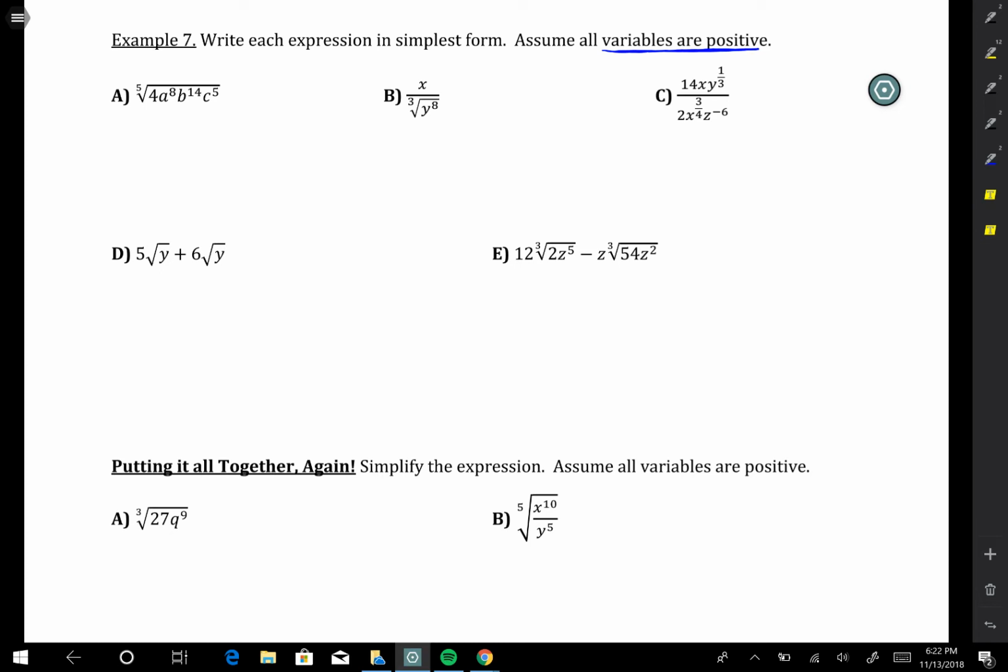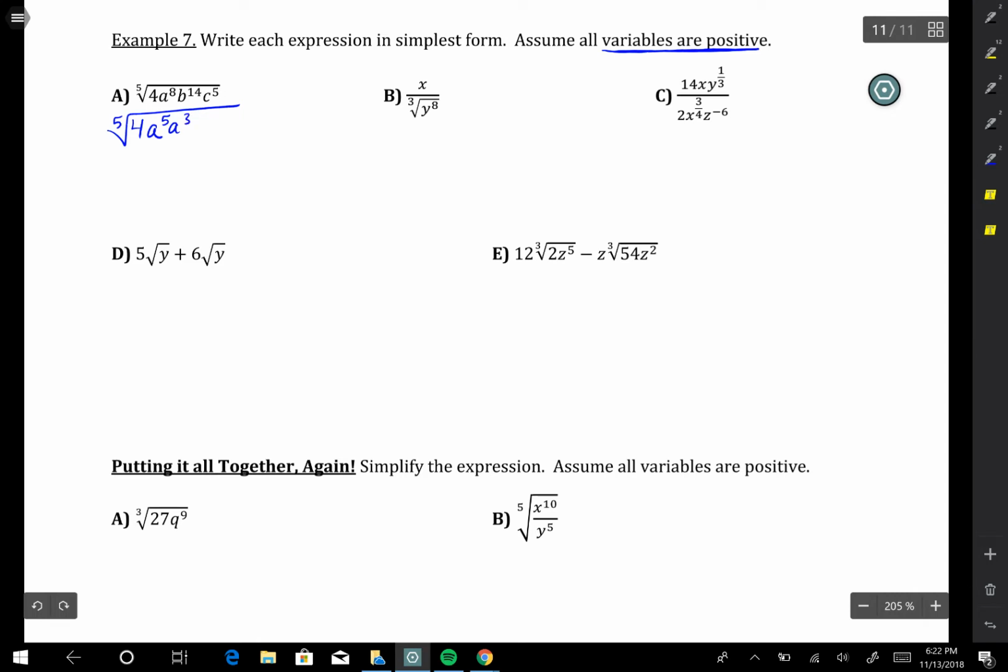Okay, I'm going to first rewrite some of my variables because I see that they aren't perfect powers of 5. For instance, 8 is not divisible by 5, 14 is not divisible by 5, 5 is, so that's great. But the other two I'm going to rewrite. I'm going to rewrite a to the 8th as a to the 5th times a cubed.